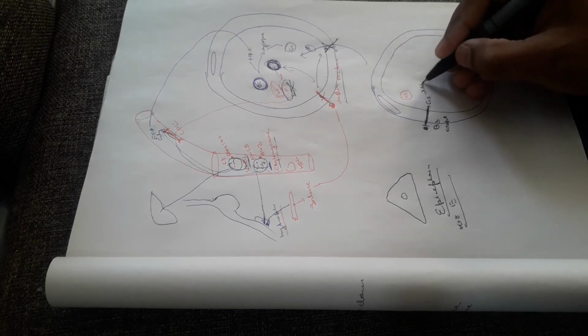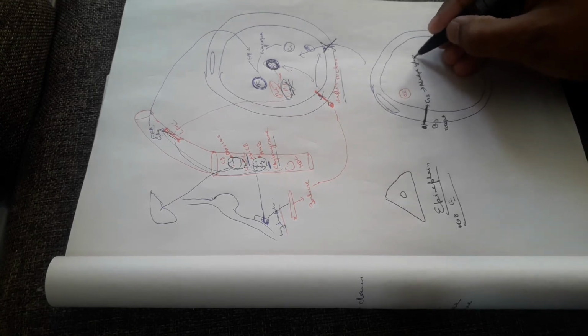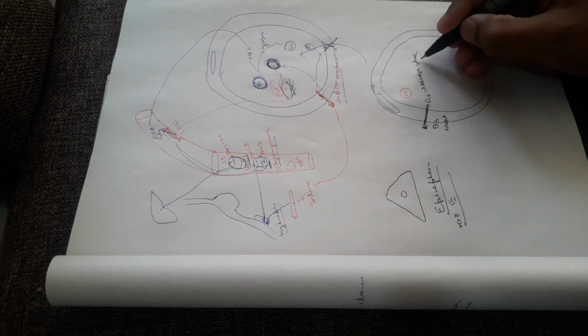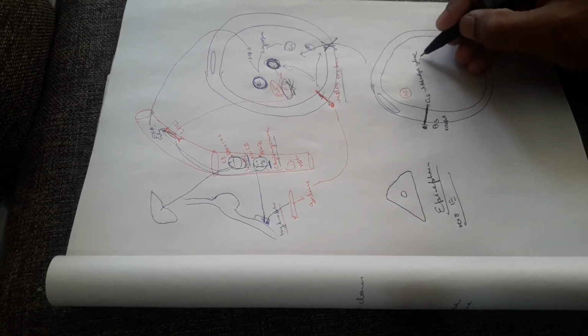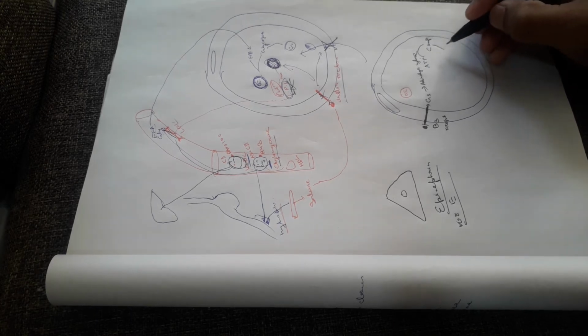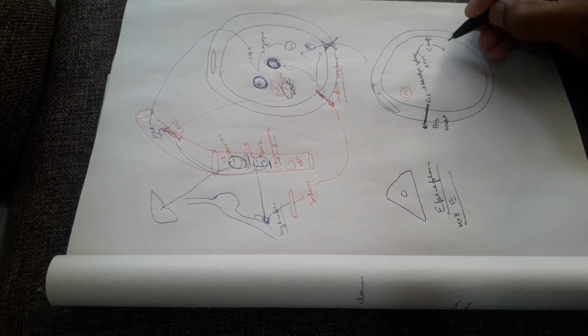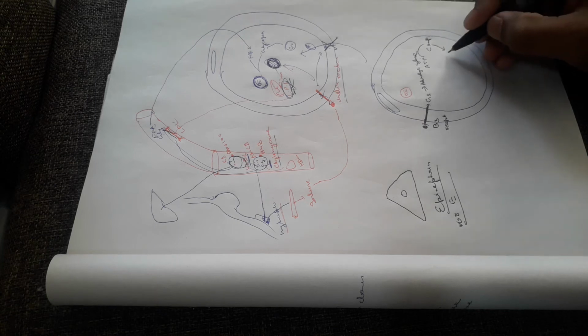Then adenylyl cyclase converts ATP to cyclic AMP. Then cyclic AMP goes to the enzyme which is non-functional at this time and binds with this enzyme and activates this enzyme.